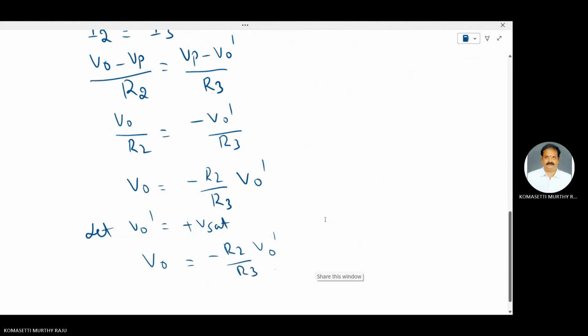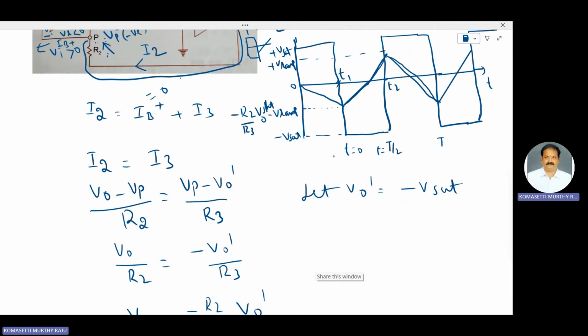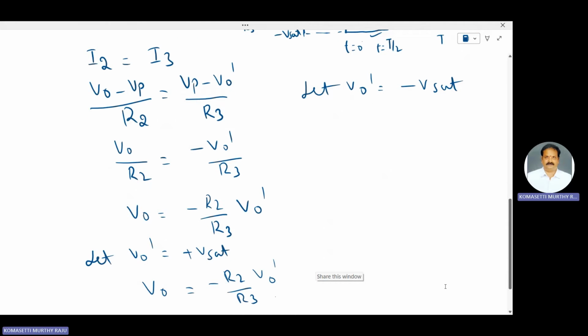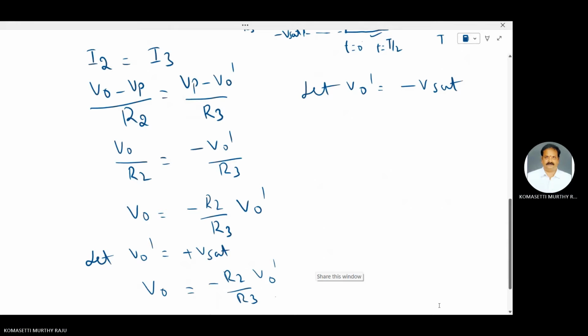And let V0 dash be equal to minus V set. Find out the V ramp value. That means this value is minus V ramp.